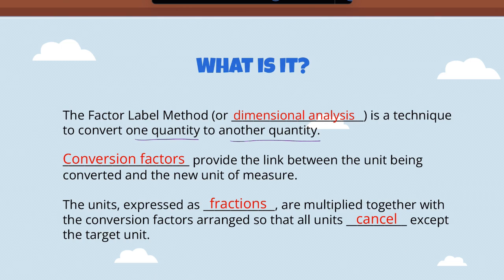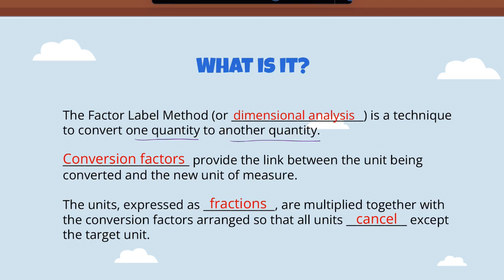The conversion factors are going to help us provide the link between the unit that we are starting with, that we want to convert, to the new unit of measure that we want. And we use these conversion factors as fractions. We're going to multiply them together, and we're going to arrange them so that all the units cancel except for the unit we want in our answer. So that's why the little intro is helpful to remember how fractions cancel each other.